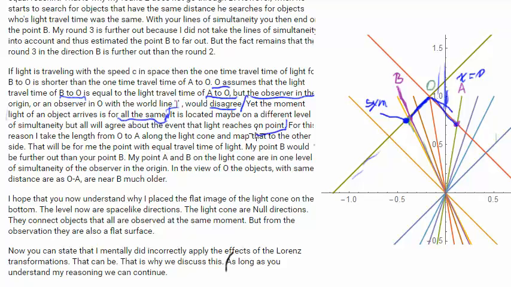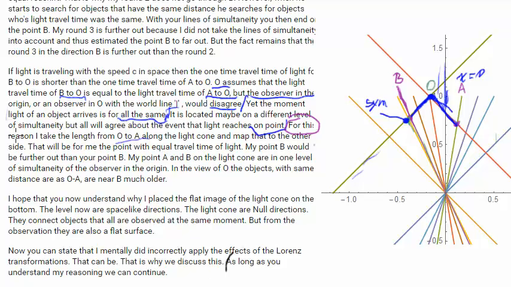"For this reason, I take the length from O to A along the light cone and map that to the other side."